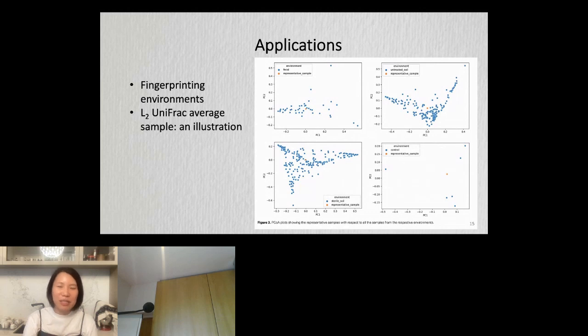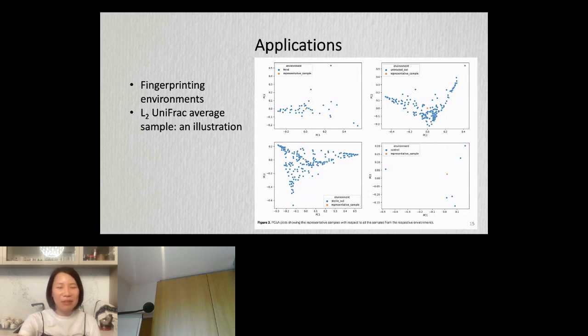We can see through this PCoA plot that it is indeed the center of the cluster, as shown by these orange points. And this means that we can start fingerprinting environments by representing an environment using one single vector, right?